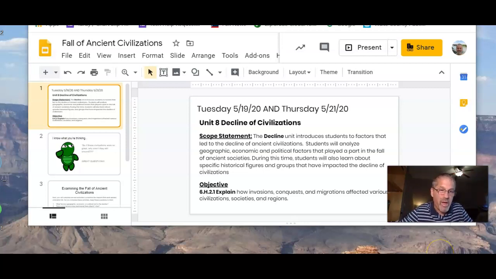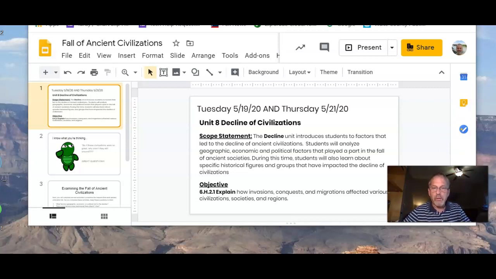What happened exactly to this civilization to make them decline? Economic, were they in an area where they were trading for a while and then they're no longer trading? And political factors were their neighbors around them that made their survival difficult, if not impossible, because the neighbors were hostile and wanted to take them over. So we're going to look at those.